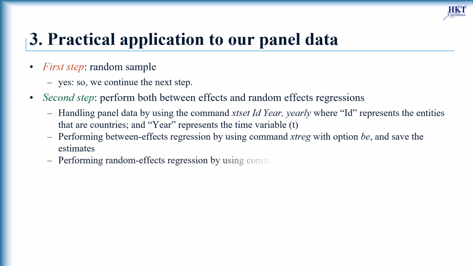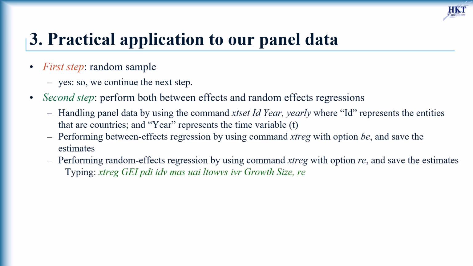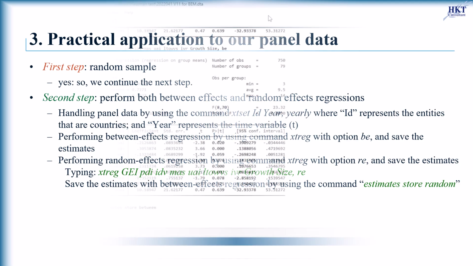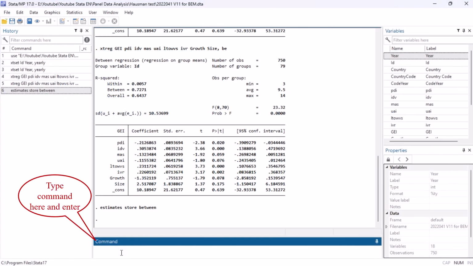Now, we run the random effects model, using the Stata command xtreg with the same variables, by choosing the option re. Unlike the fixed effects model, the random effects model allows for the inclusion of time-invariant variables, as it assumes that individual specific effects are uncorrelated with the regressors. Type the command here and enter.